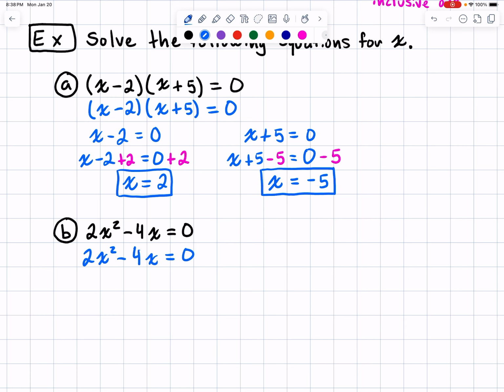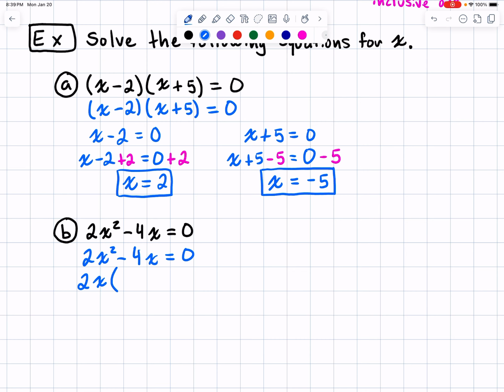So take a second and pause the video and try to see if you can think of what the common factor is. I'll give you a second to pause now. All right, so you should have seen that both of the coefficients are even, which means that there is a 2 in the common factor, as well as both of them have at least one x. So 2x is the common factor.